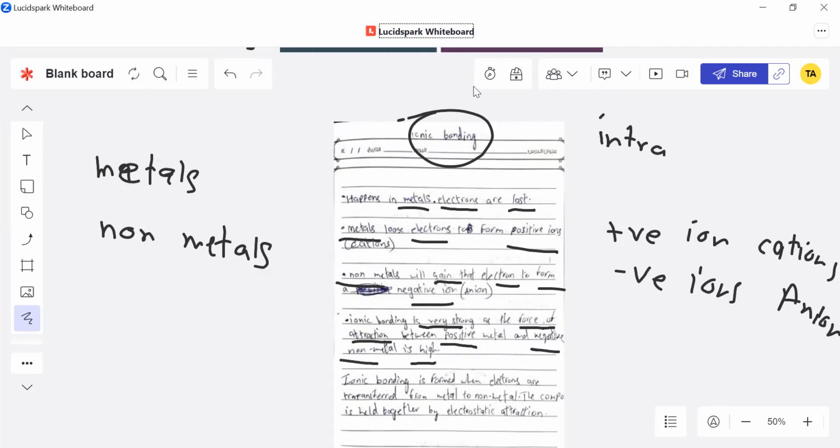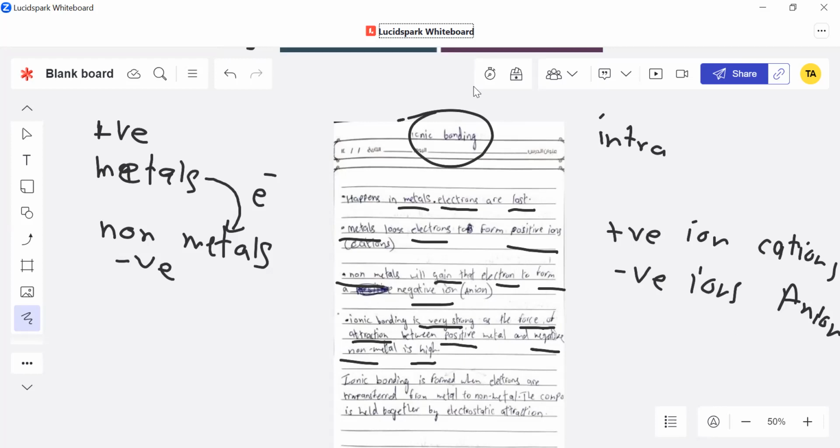So metals will lose electrons to non-metals. So the metals will give their electrons to non-metals, and non-metals will gain that electron. So when a metal loses an electron, it will form a positive ion. Non-metals will form a negative ion. Now, this negative and positive attraction causes ionic bonding to be very strong.